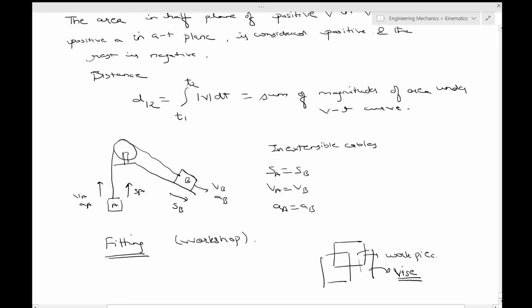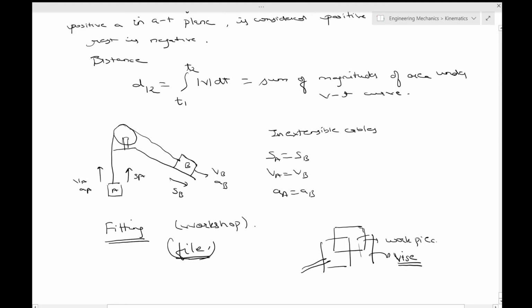This is the workpiece over which you will be trying to fit two parts. Maybe you will have to file some part out of it. To fix it between the vice, you have a rotatory motion, and this particular vice which is moving will actually move in a rectilinear motion.